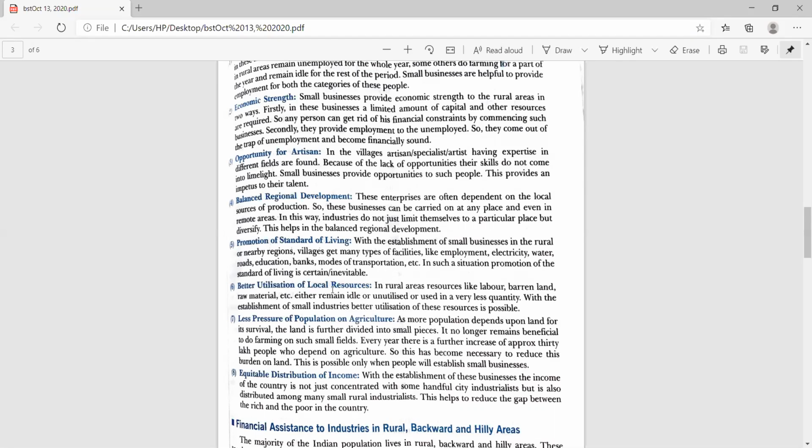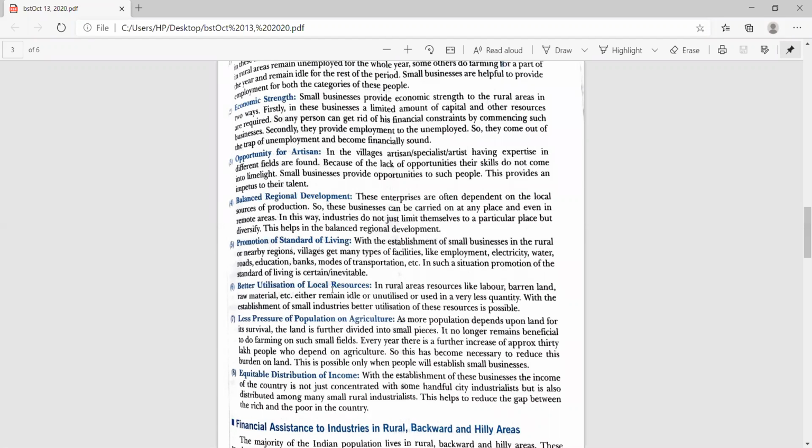Similar to that, in any rural area, when industries and businesses take place, that area will flourish because people get employed there, they assemble the resources nearby, regional development will be there, GDP will increase, people get rid of unemployment, and they get returns for their skills and the efforts they are making. Overall, their standard of living will definitely be promoted.